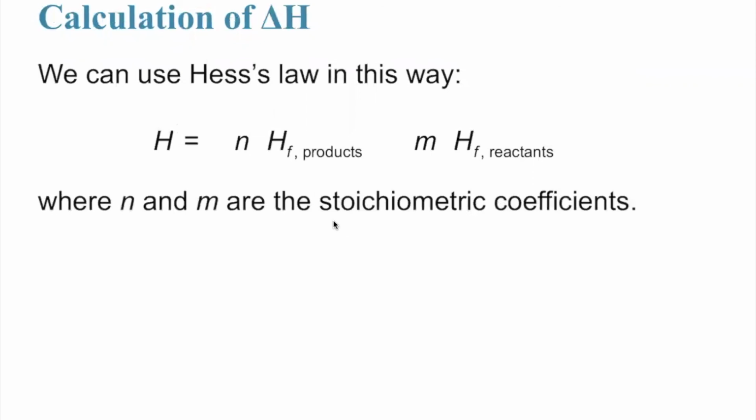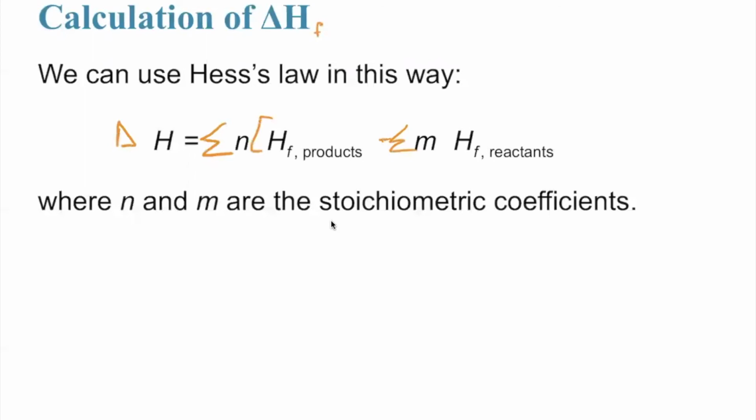Why we care about the heat of formation, which is going to be delta F: because we can use the heat of formation to calculate the entropy. This is another way of calculating it for the overall reaction. So this is the sum of n times the heat of formation of the products minus the sum of the heat of formation of the reactants.